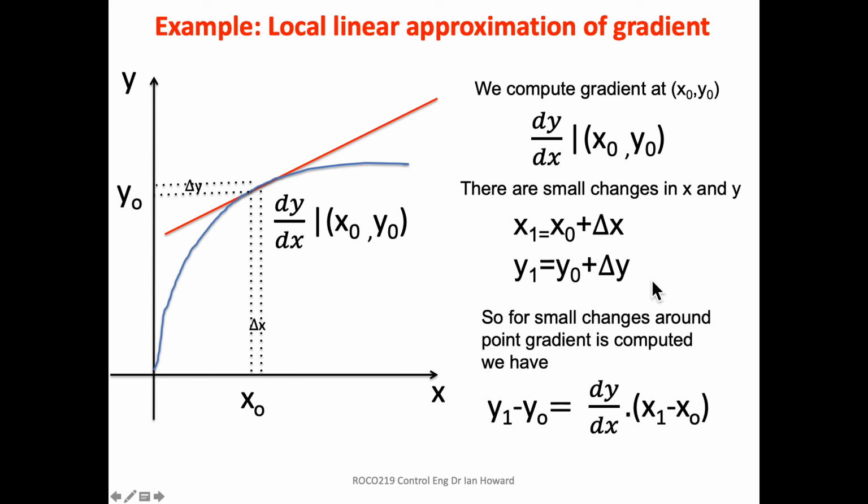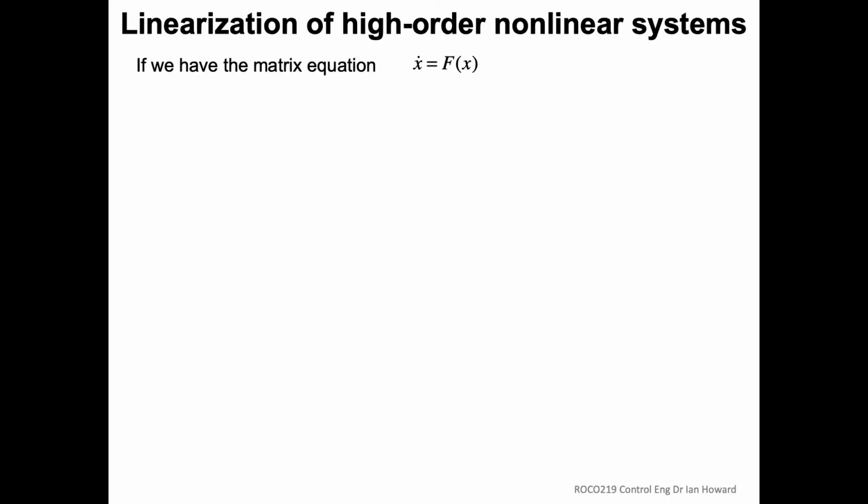Because we're only a little way from the point where we calculate the gradient, we can assume the gradient is appropriate over that range. So we can say the little change y1 minus y0 is the gradient multiplied by the little change in x. And that's only true as long as delta x and delta y are really, really tiny. Okay, and then we've got this linear approximation.